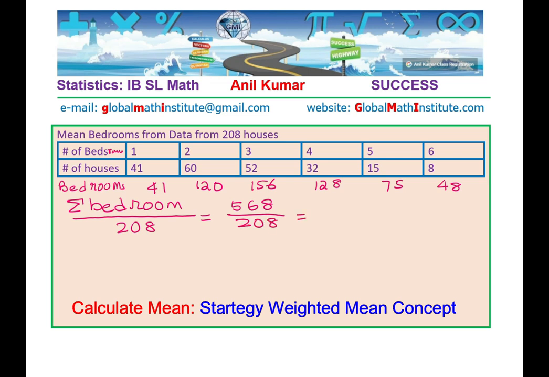We'll divide this by 208 to find the number in decimals. I'm going to round this to 2.73. So we found that the mean in this particular case is 2.73 per house.